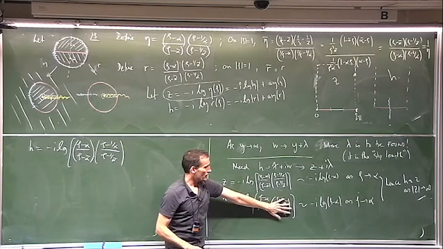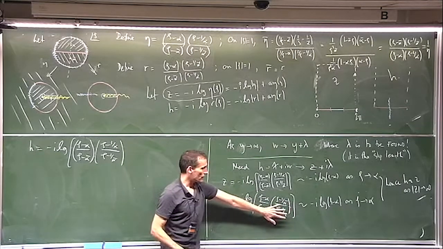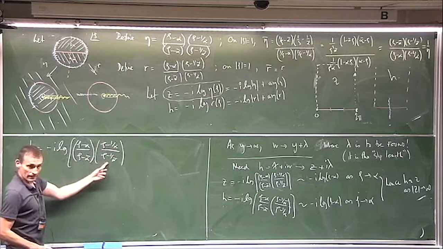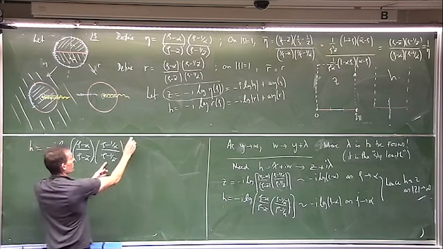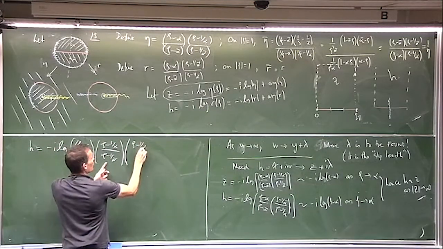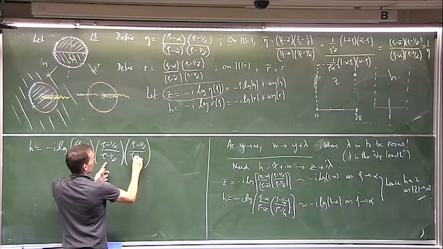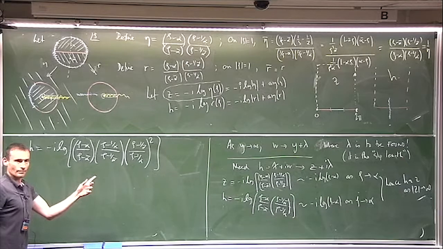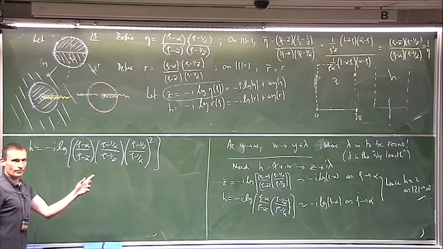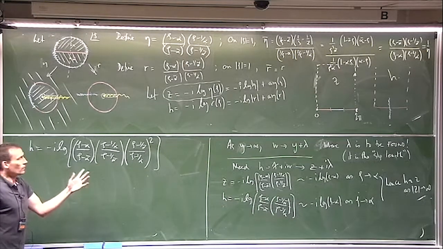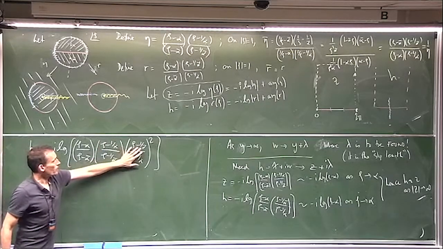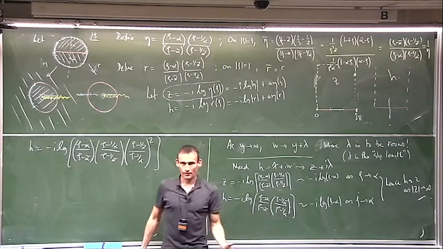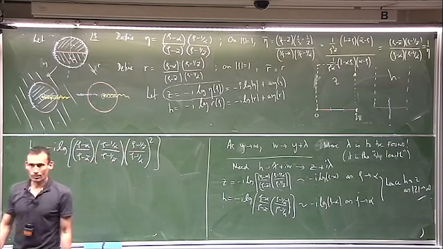But this is what appears in H, so to correct it, I better multiply by that and multiply by the inverse of this. And what you end up with is zeta minus 1 over alpha bar over zeta minus 1 over alpha, all squared. Everybody see? One of these cancels with one of these, and then it leaves me with the one I need. Everybody see?